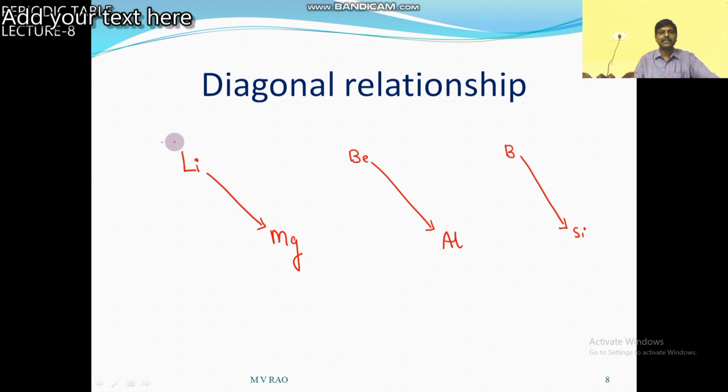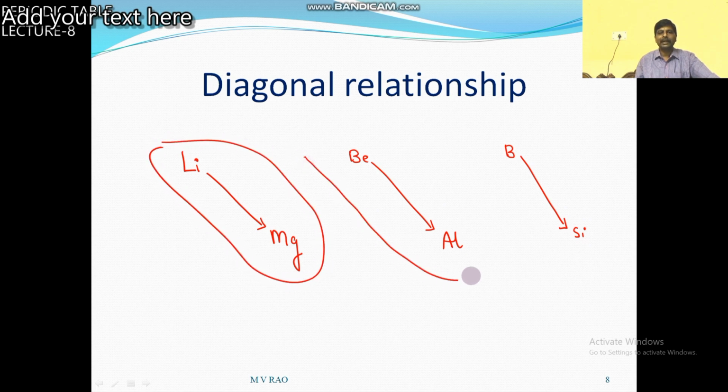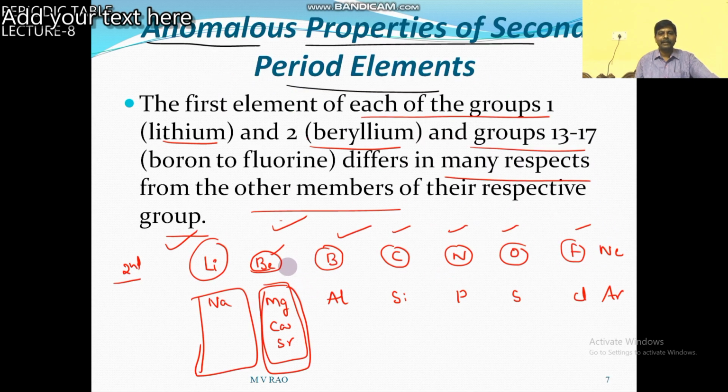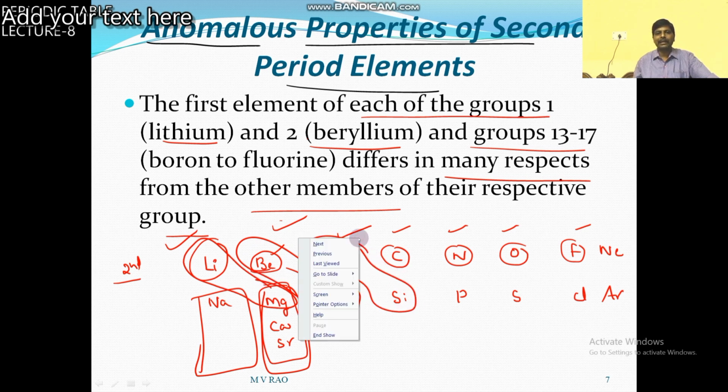Dear students, remember this relationship. It is called the diagonal relationship. Here you can find these elements: beryllium and aluminum, diagonal elements; lithium and magnesium, diagonal elements; boron and silicon.